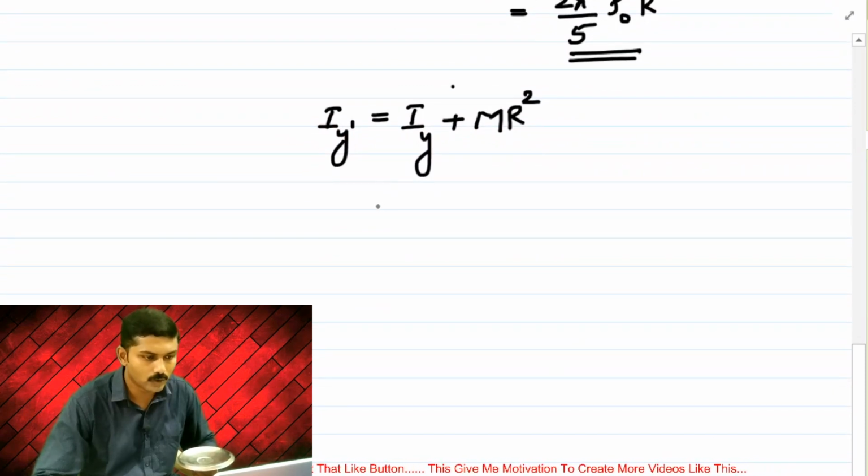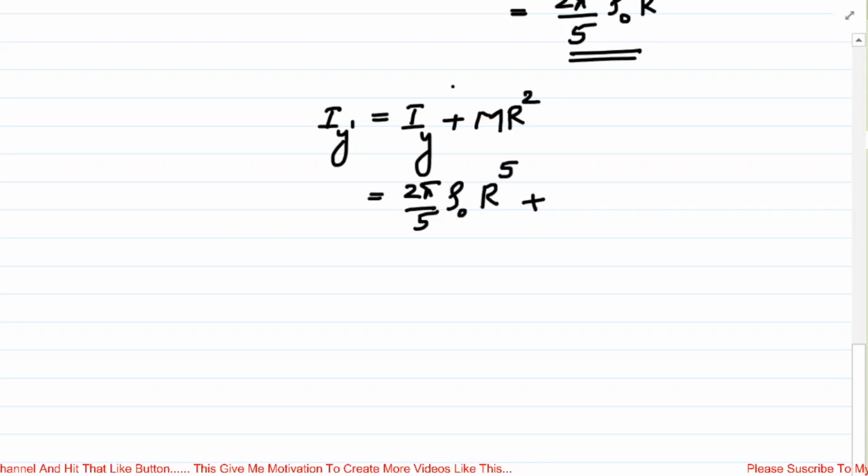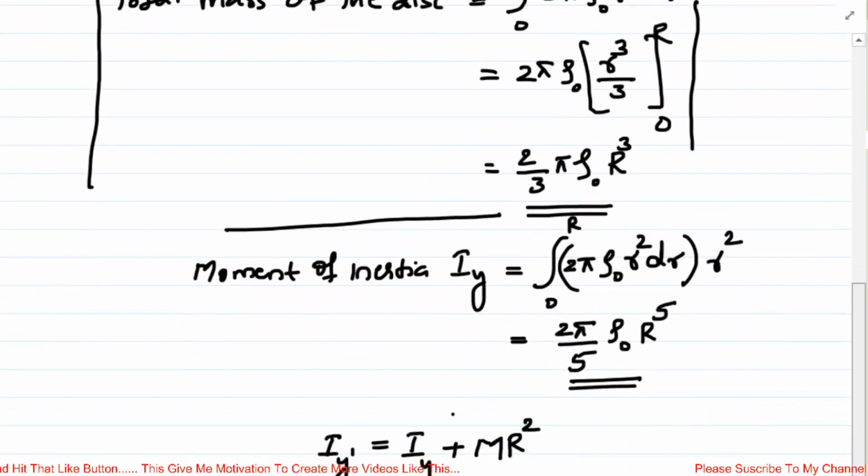You already know the value of Iy, which you previously found out. What was the value of Iy? 2 pi by 5 rho naught r power 5, which you have already found out here, plus the mass. You have already calculated the total mass here.